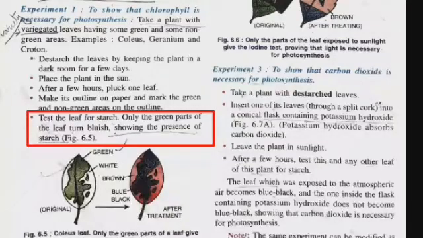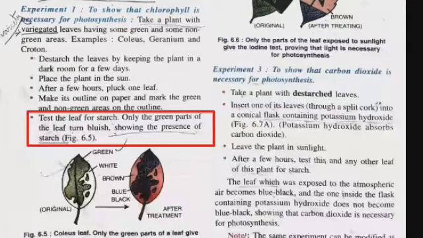Observation will be the change of color of the green portion of the leaf to blue-black, whereas the non-green portion of the leaf turns brown. This is the observation that you have to write if they ask you. And the next will be the conclusion, or what does it prove? The answer will be chlorophyll is necessary for photosynthesis.